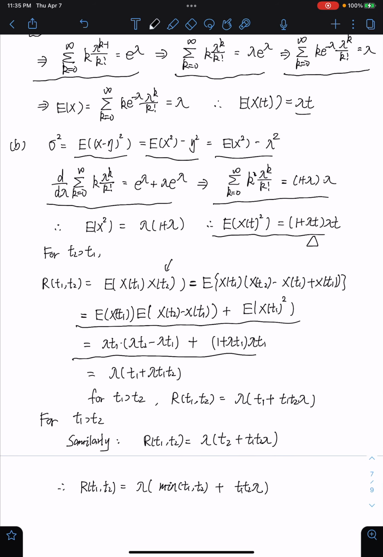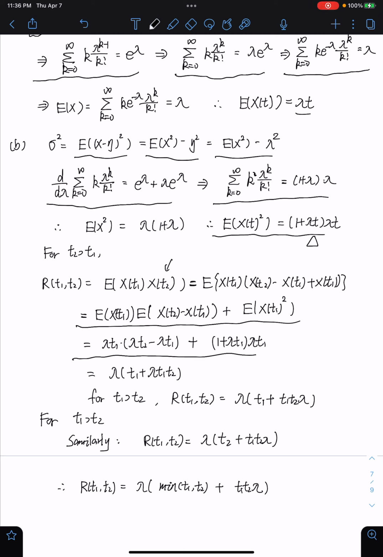The final result of the autocorrelation of t1, t2 when t2 is larger than t1 should equal lambda times t1 plus lambda squared t1 t2. For the other condition, when t1 is larger than t2, we can use the same method to solve this autocorrelation.